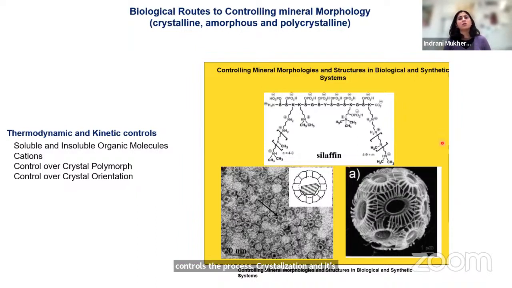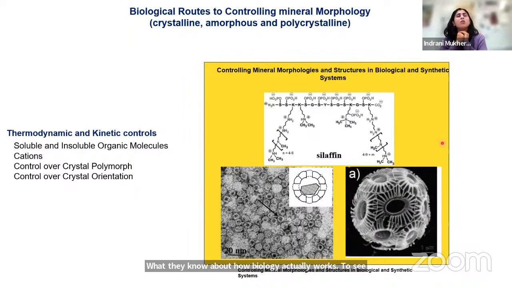This paper actually talks about how they are creating bio-inspired materials, in the sense that they're understanding how biology creates new minerals or mineral morphologies, or controls mineral morphologies, and how that information can be used to synthesize new materials in the lab. So I was just trying to draw some inspiration and see what they know about how biology actually works, to see if that can help me interpret my data.